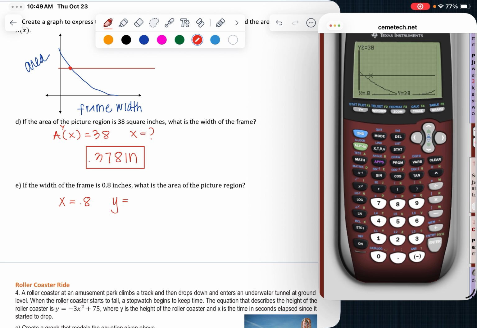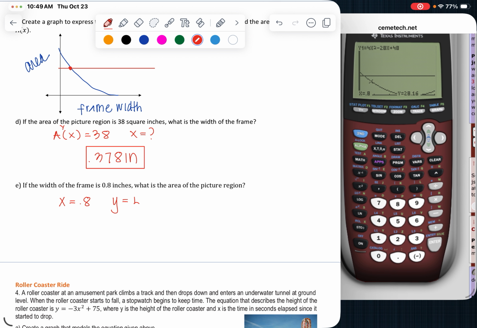It's going to say 38 because it's on the line. I need it to be on the parabola. So you can either delete the line by going back into y equals, or you can just toggle down so it goes back to the parabola, and it'll go to 0.8, comma 28.16. So 28.16 inches squared, because it's area.